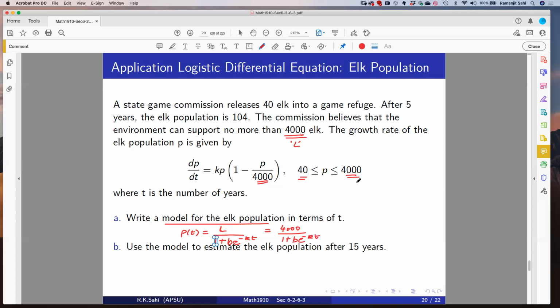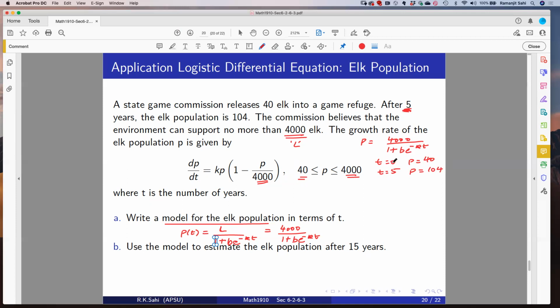And now what is given to us? So let me write it down. P is 4,000 over 1 plus B e to the power negative KT. So when my t is 0, population was 40. And after 5 years, notice from here, t is 5, the population is 104.